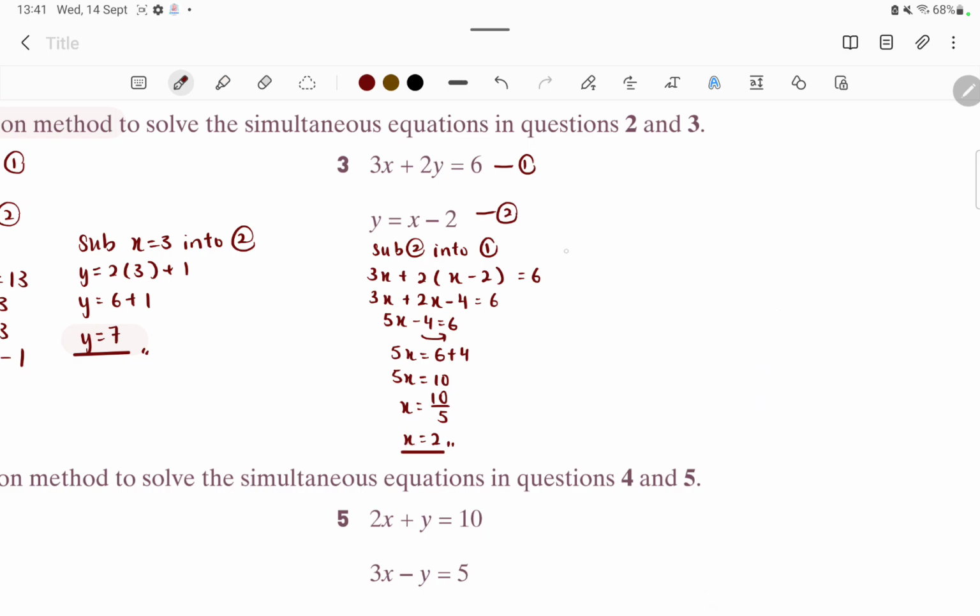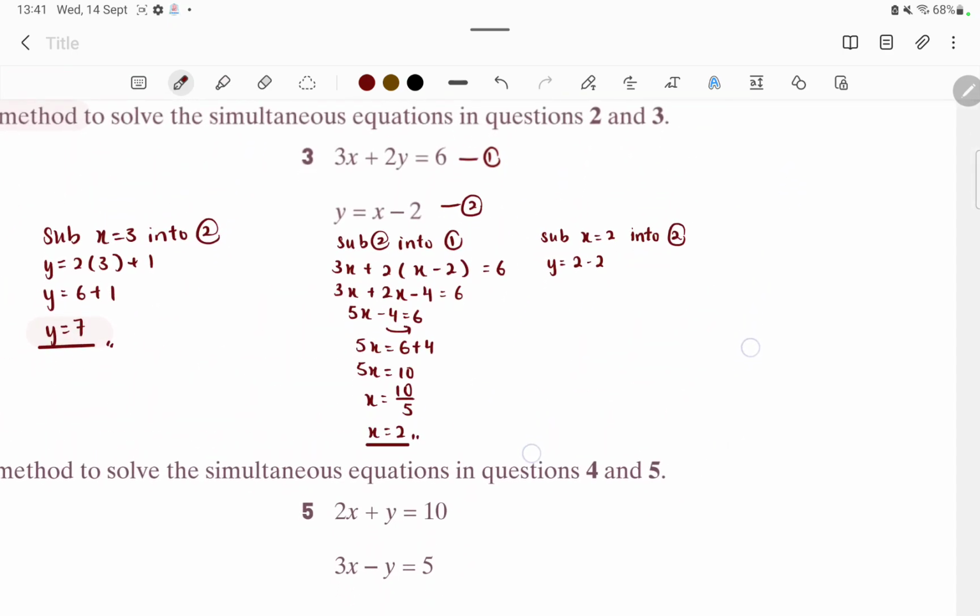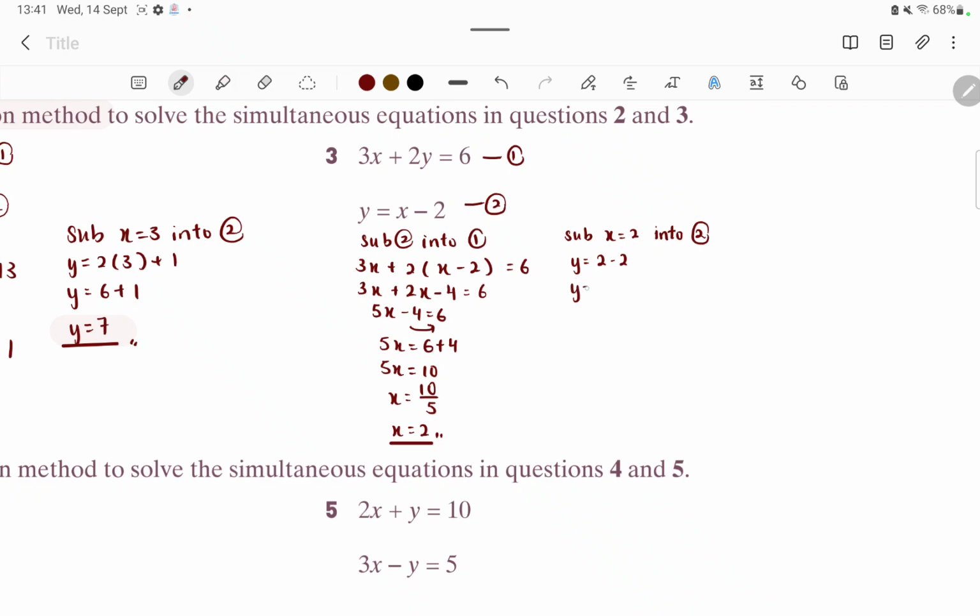Okay, and then after that, substitute x equals to 2 into equation 2 because we need to find y only. So y equals to 2 minus 2. So this one you should get y equals to 0. So y equals to 0 and x equals to 2 is your final answer.